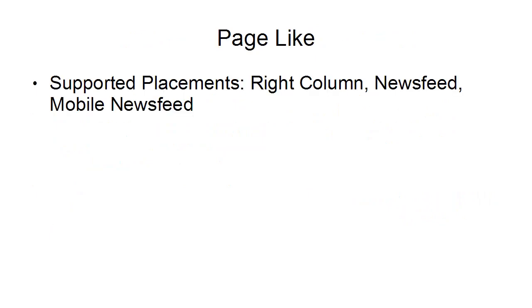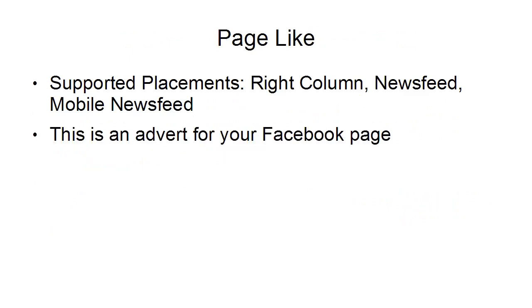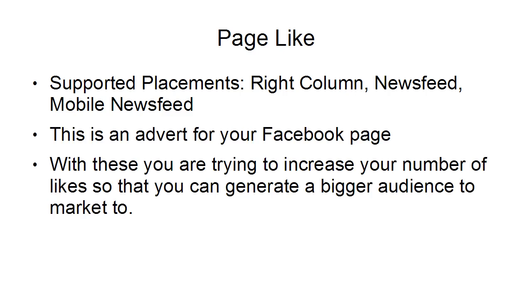Then there's page like. And the supported placements are the right column, the news feed, and the mobile news feed. And this is basically an advert for your Facebook page. And with these, what you're trying to do is increase the number of likes so that you can generate a bigger audience to market to.